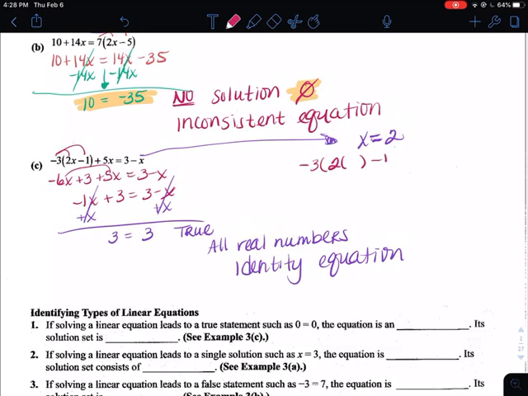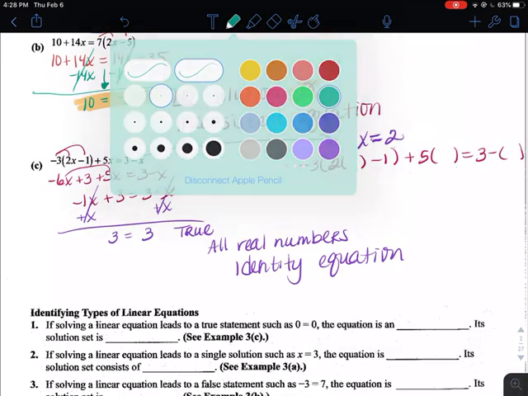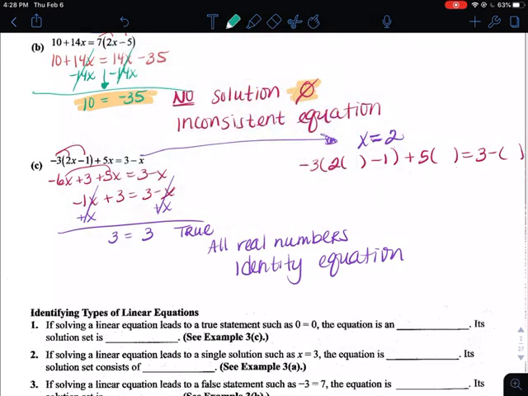I'm going to leave that blank for right now, minus 1, plus 5 parentheses equals 3 minus parentheses. So I rewrote the equation without x, and I'm telling you that I think the answer is x equals 2. And I just randomly selected a number. I'm putting in a 2.